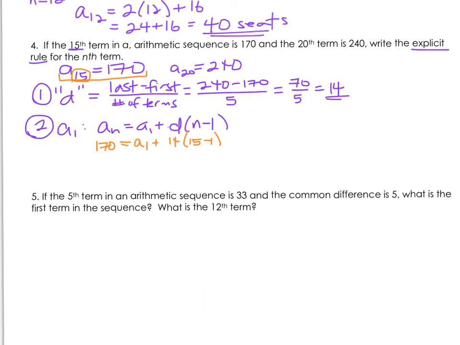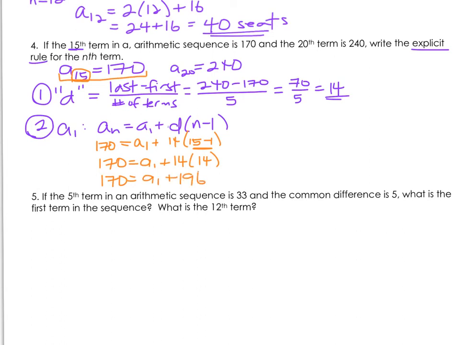See how this works. In this parenthesis right here, 15 minus 1 is 14. So now I have 14 times 14 on the right-hand side. Well, 14 times 14 is 196. I have 170 on the left equals a sub 1 plus 196.